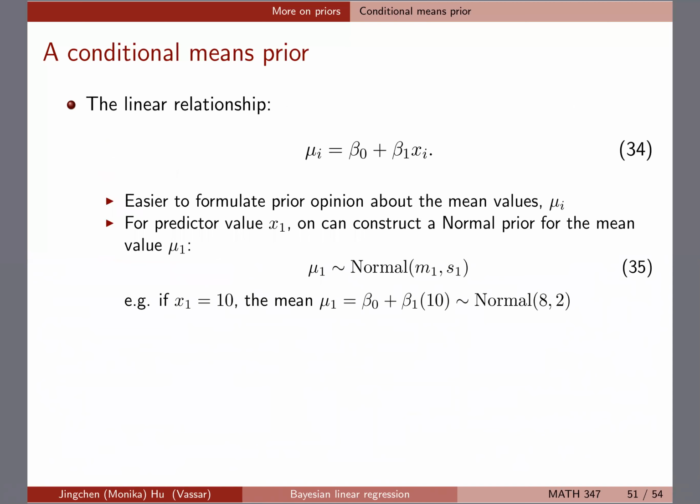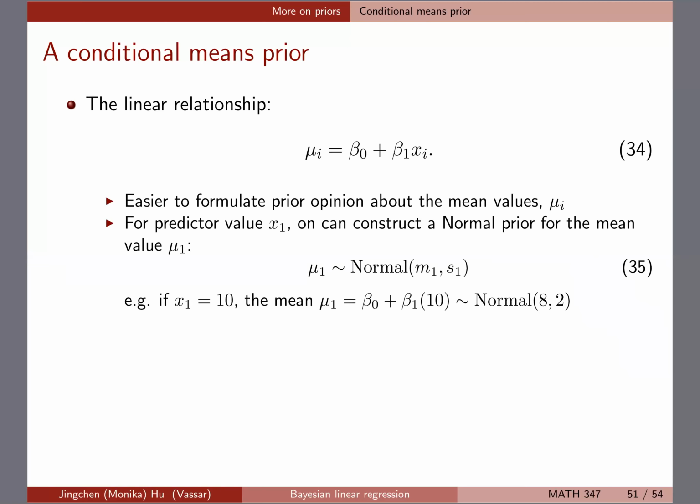So for example, we're going to use this linear relationship to give prior information. For one predictor value, let's say x1 equals 10, that's log income of $10 of that CU, I think the mean, which is mu1, which is beta 0 plus beta 1 times 10, is going to follow a normal distribution with mean 8 and 2.